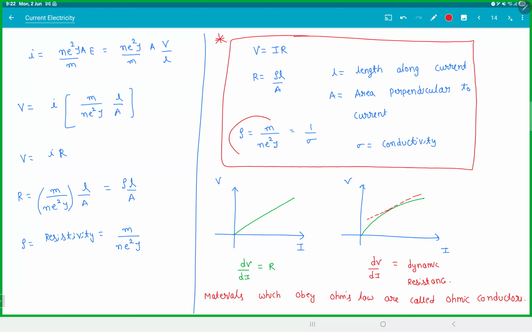This is a pretty good one. Matlab, you really can get hypothetical questions. Meaning they can ask like this: the error in calculating mass of an electron is 1%, the error in calculating charge of an electron is 0.5%, find the error in calculating resistivity. Or they can say like this: in a hypothetical universe, the mass of electrons is double and the charge of electrons is tripled.